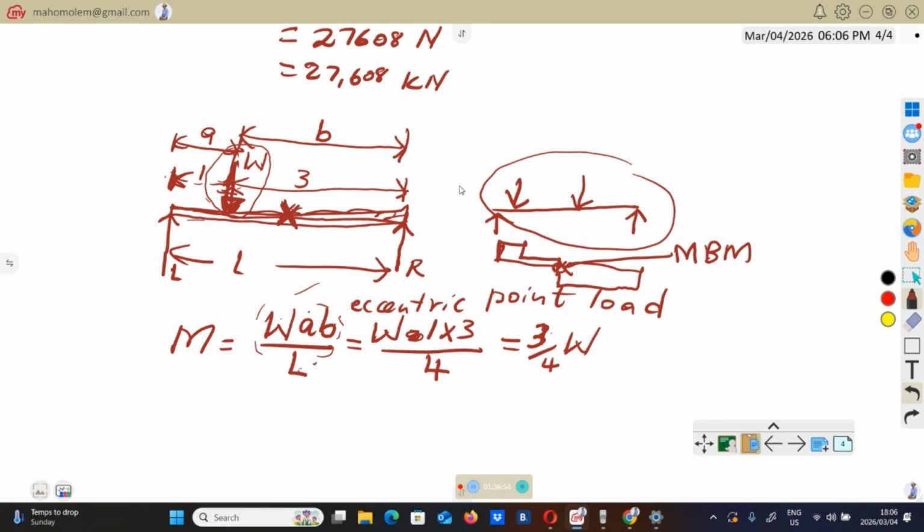Okay, now to calculate W, you remember this is the bending moment. This one is the bending moment. Then this one is the bending moment.